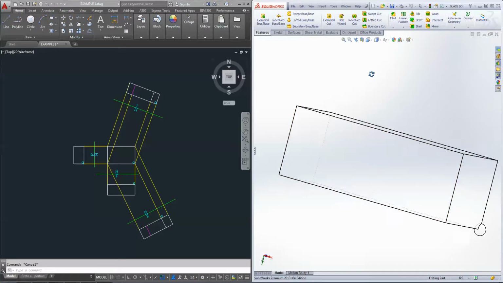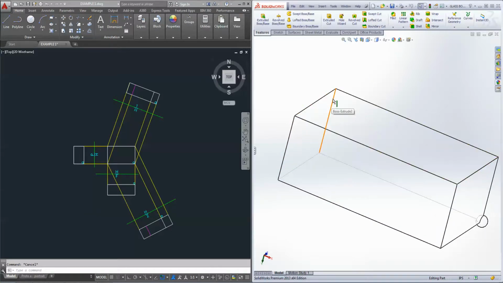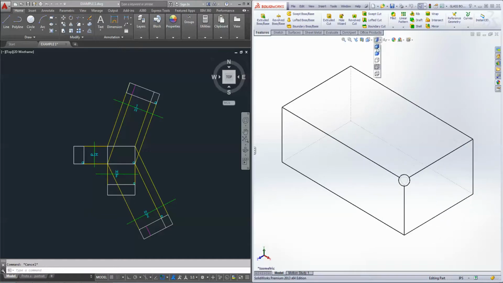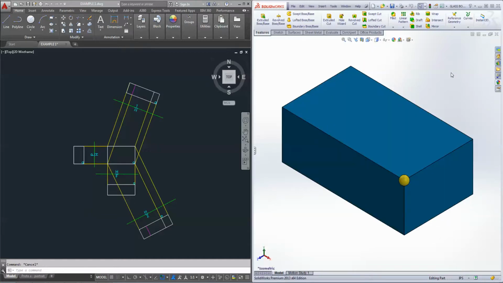Again, if we were to turn this, there's that hidden line right through the material. So we'll take a look one more time at plane number 1. We'll return back to an isometric view, and we'll turn this back into a solid shape, nice and colored so that we can see it.